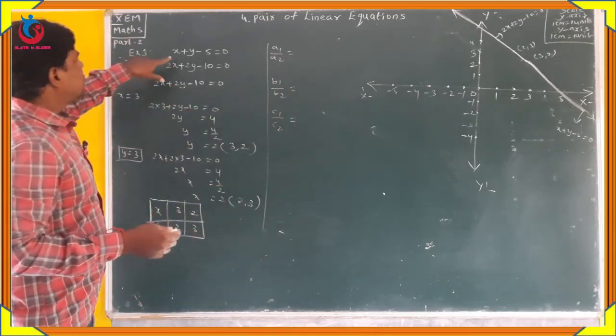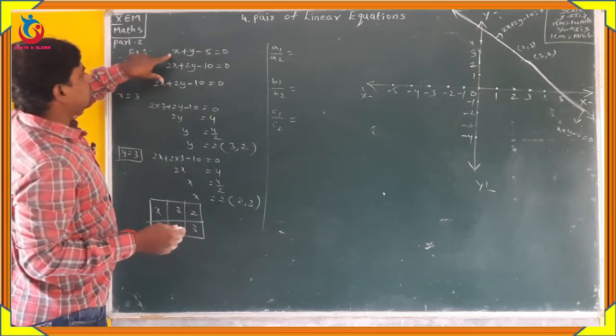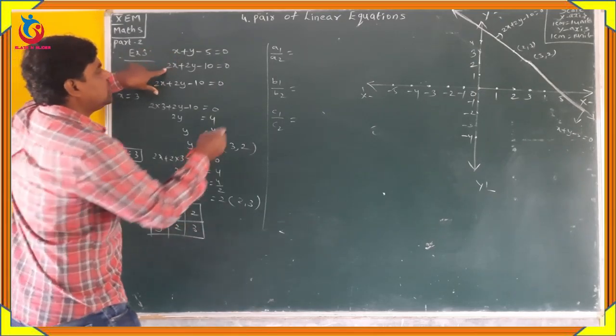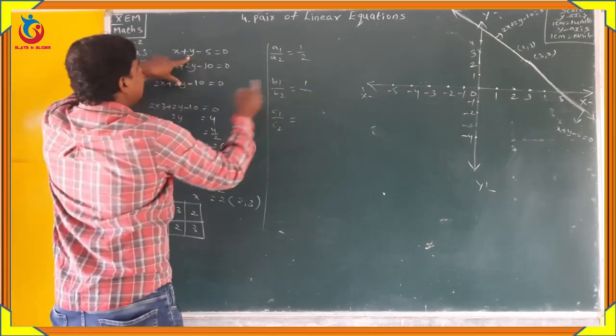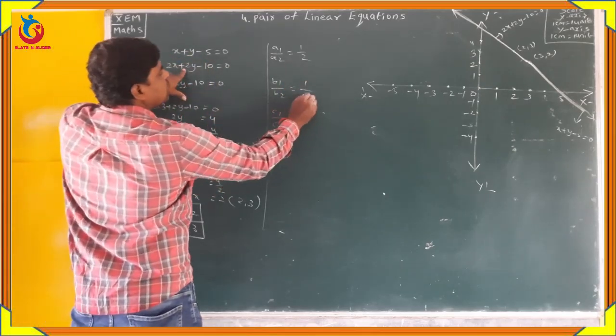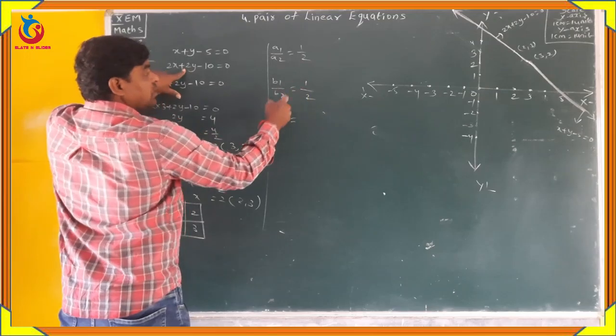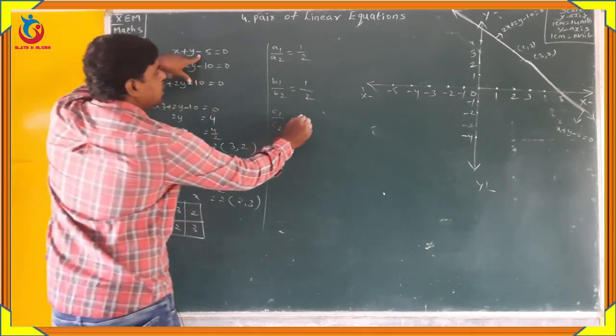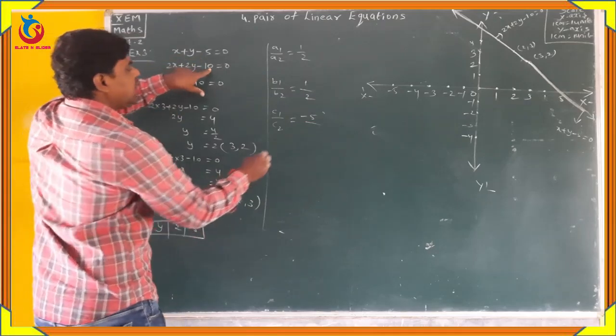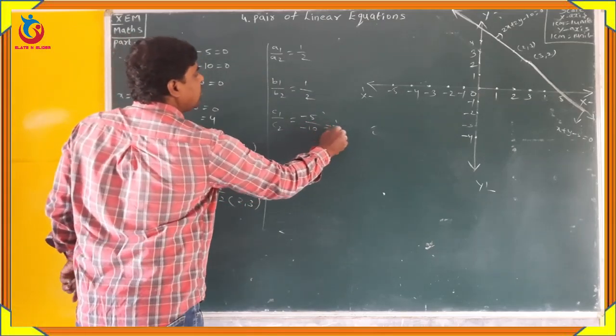The x coefficient a1 is 1 and a2 is 2, so a1 by a2 is 1 by 2, and b1 by b2 is plus 1 by plus 2, and we got these two equal. That is why definitely we have to find c1 by c2. c1 is minus 5 and c2 is minus 10. So by simplification we get 1 by 2.